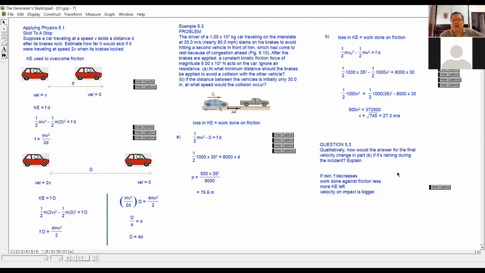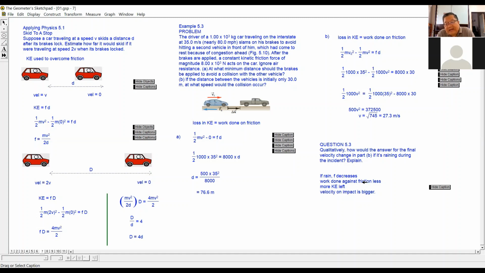To explain it properly: if it rains, the kinetic friction F will decrease. When the friction is reduced, the work done against friction is less, so you use up less kinetic energy.